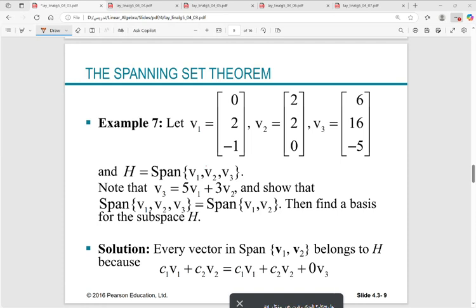And we want to find a basis for H. A basis should satisfy two conditions. First, the vectors in the basis should span H. Second, the vectors in the basis should be linearly independent.